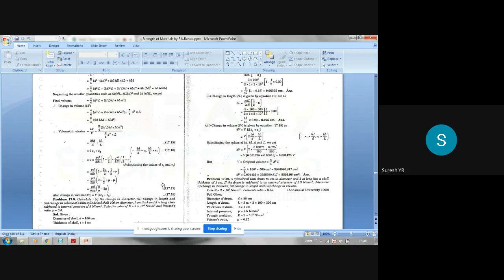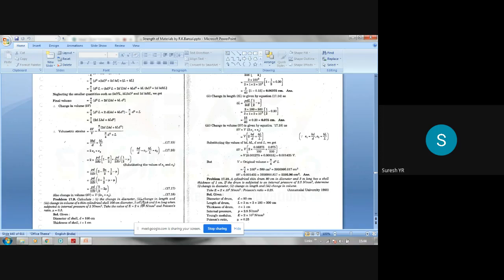Okay, so let us see how we can do the problem. Calculate the change in diameter, change in length, and change in volume of a thin cylindrical shell, 100 centimeter diameter. D is 100 centimeter, so if you convert that into millimeters, D is 1000 mm. 1 centimeter thick means 10 mm thick.